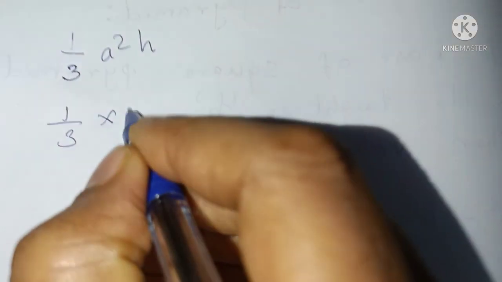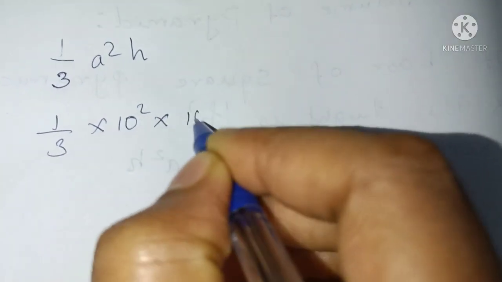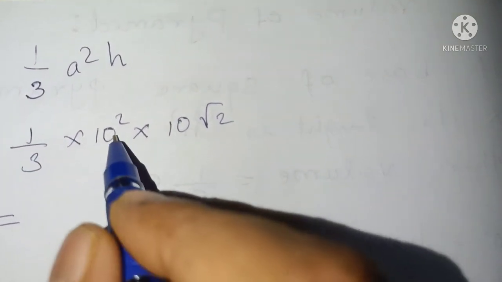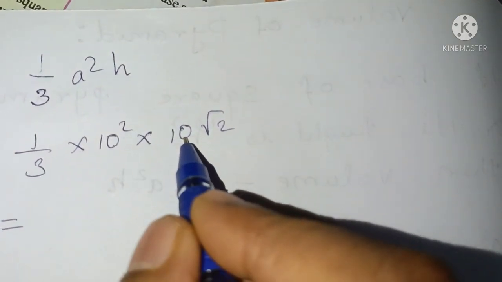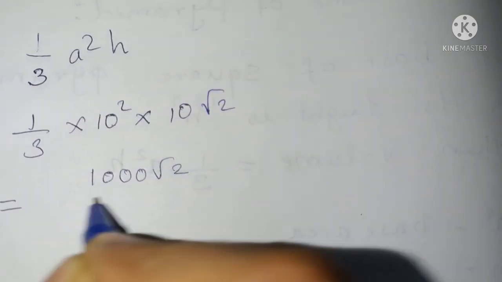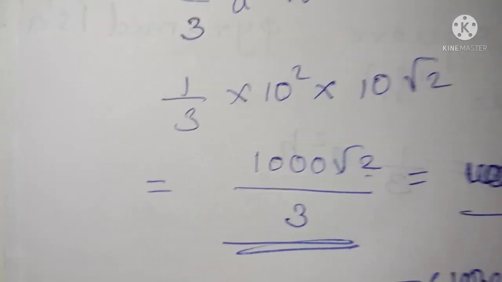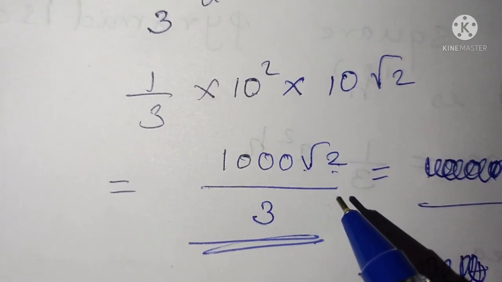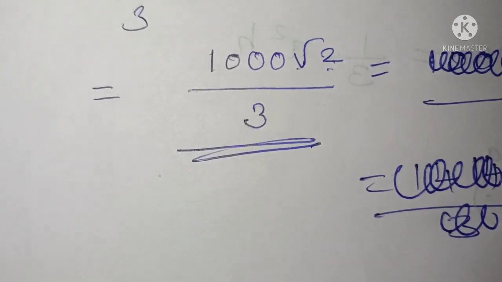That is 10 square into height, which is 10 root 2. So 10 square is 100, 100 into 10 is 1000. So 1000 root 2 divided by 3. So 1000 root 2 by 3 cubic centimeter is the volume of the pyramid.